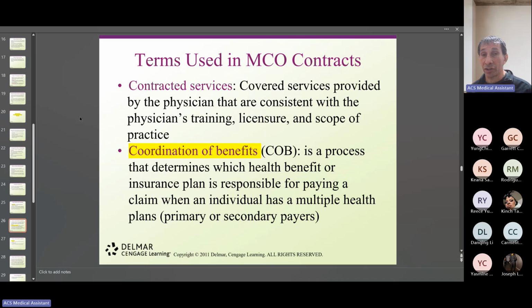Whatever services you contract with the insurance company, they're going to provide those services, but you have to have a certain type of license. So you can attest that you are credentialed to provide those services, that you are credentialed to receive reimbursement for the services that you will provide to patients.